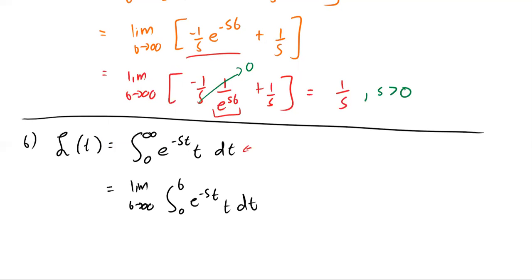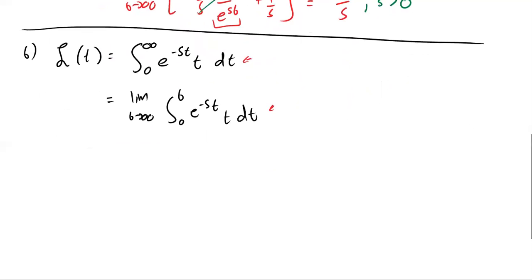I like to write it because that's the actual definition, but you can definitely skip to the second step. However, I would always write that this Laplace transform is equal to this limit before I do anything else. That way it's clear for me as a grader, and it's also clear for you what you have to do. Evaluate the inside first, at the end evaluate the limit.